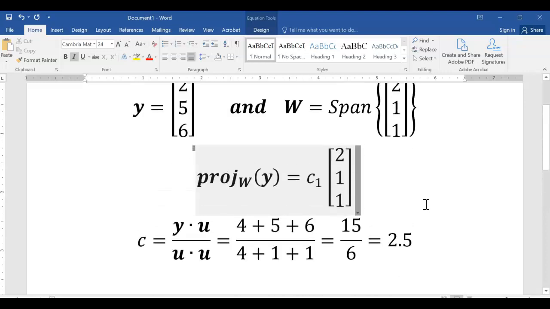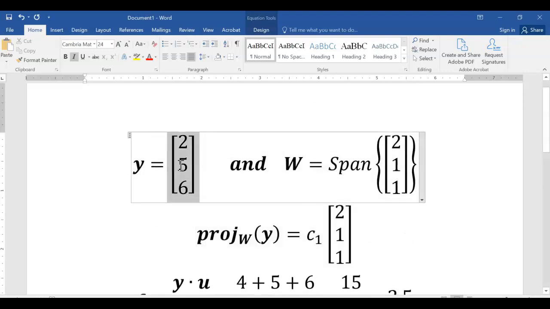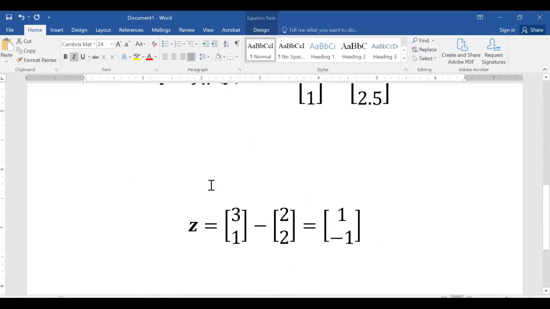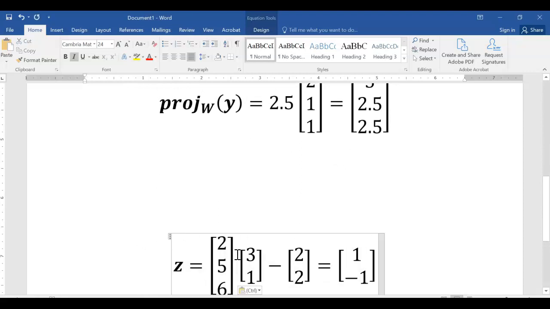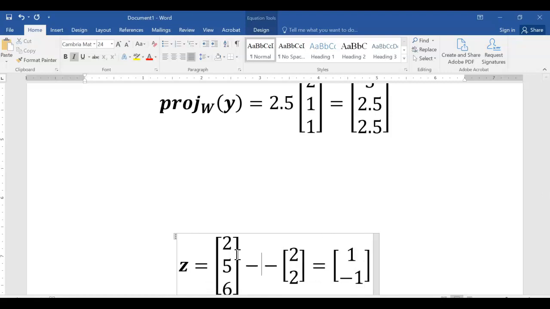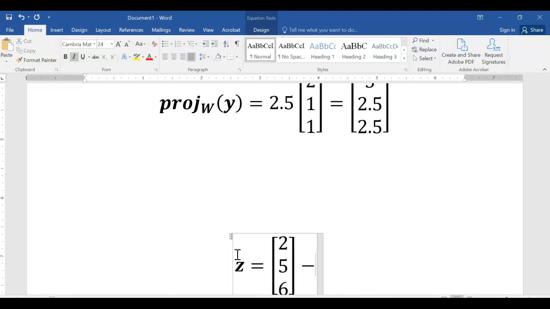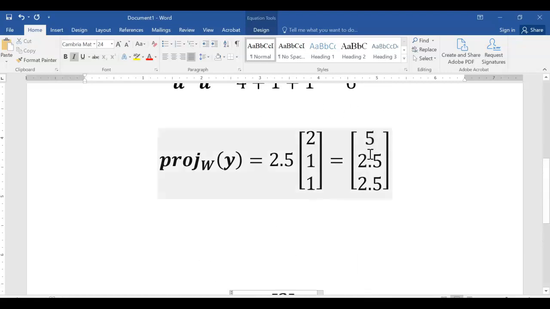Now, if you're looking for the z, the component of y which is orthogonal to this projection, you're going to take (2, 5, 6) and subtract off (5, 2.5, 2.5).